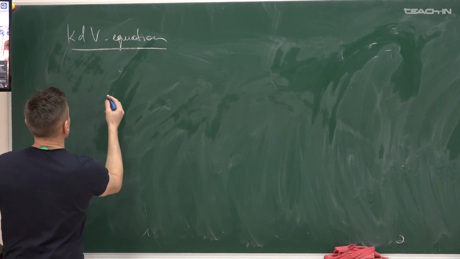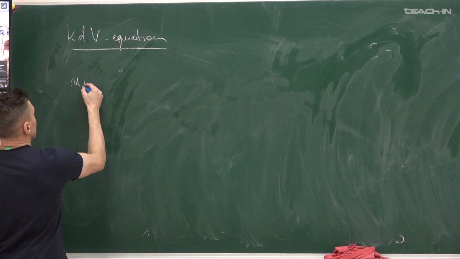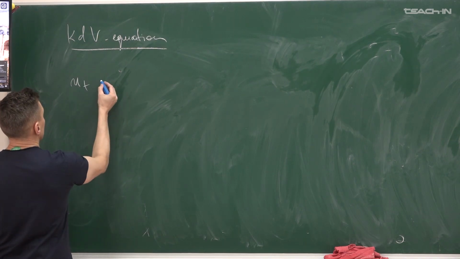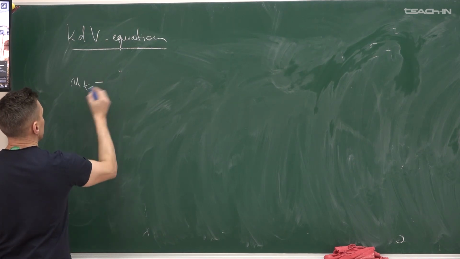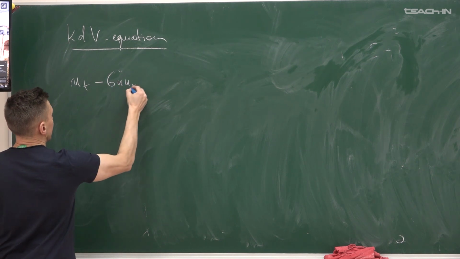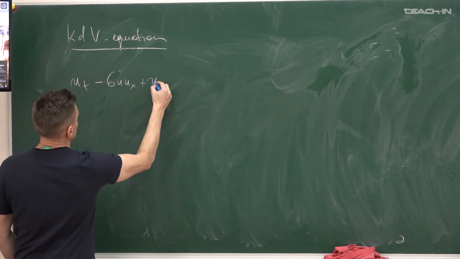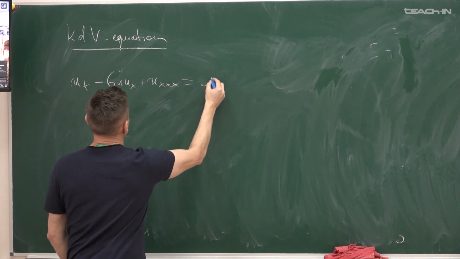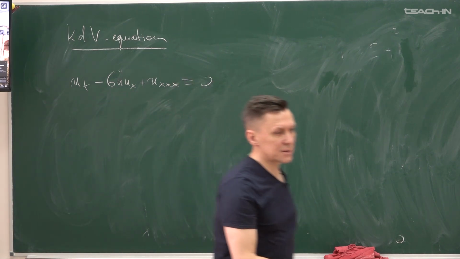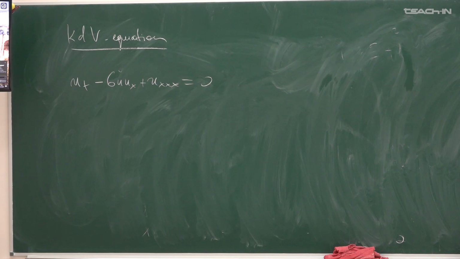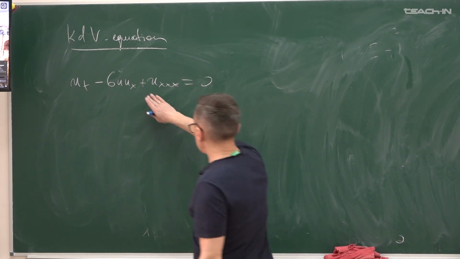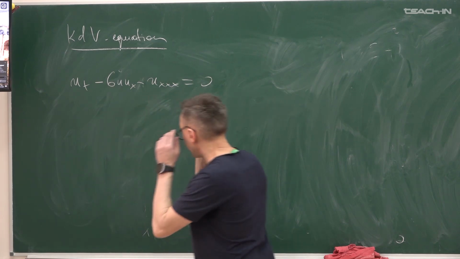So first of all, it has the following form. I will write it like this: ux plus uxxx, maybe plus, maybe minus, a minus.